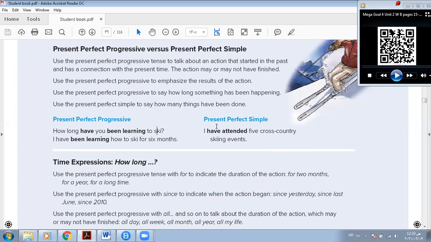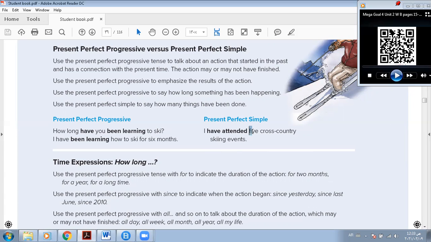And here, under the present perfect simple, we can say, I have attended 5 cross-country skiing events. I told you we can use the present perfect simple if we want to say the times or how many things have been done.